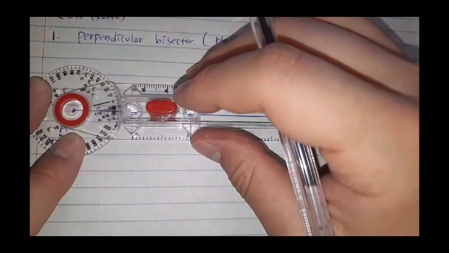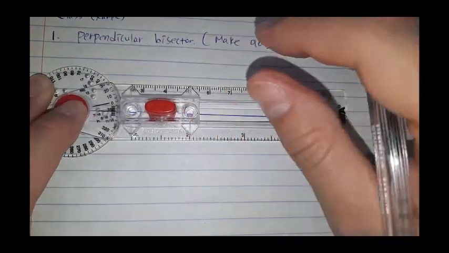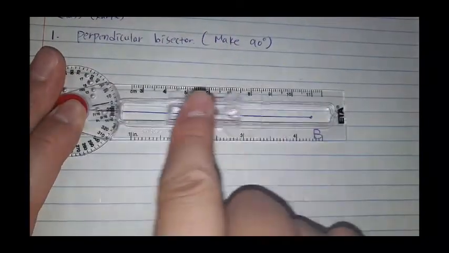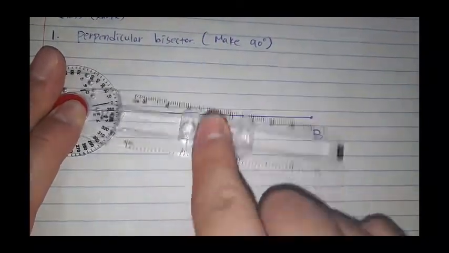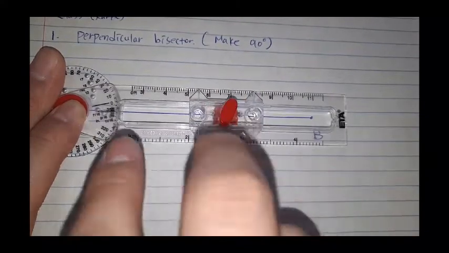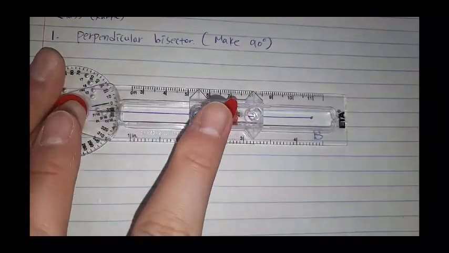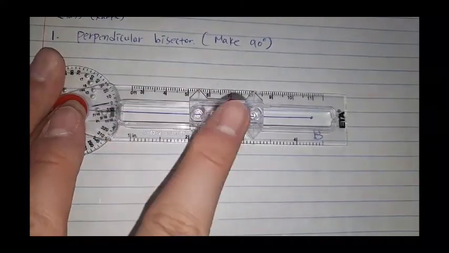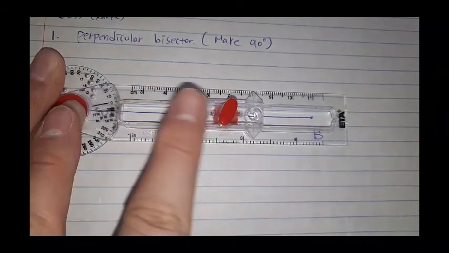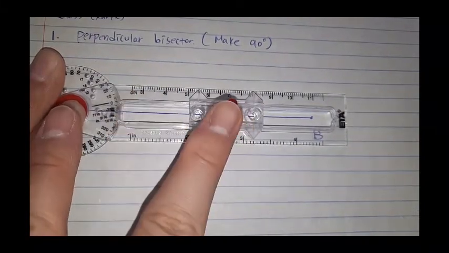I want you to put one end of the compass on one dot and control the radius of the compass. If you use a traditional one, it looks like a V shape. So you put one of the pointy ends and you control the end that you can attach your pencil with.